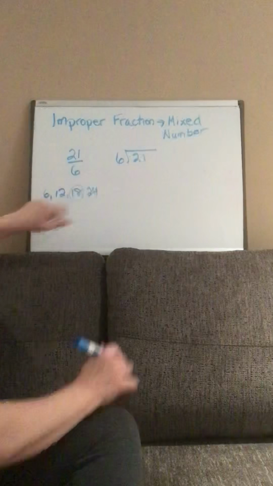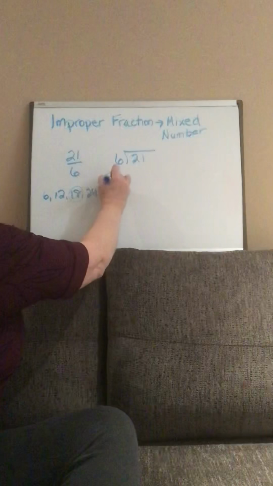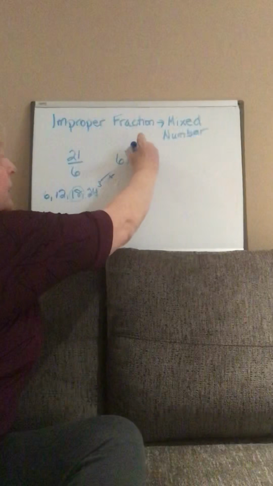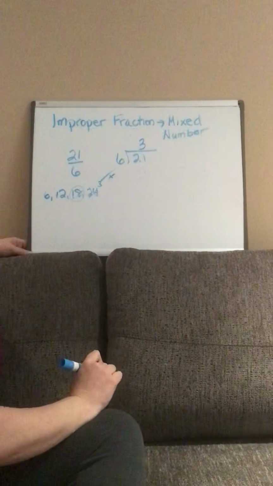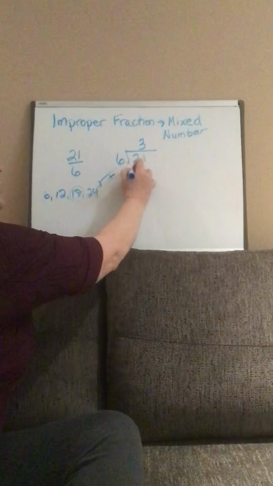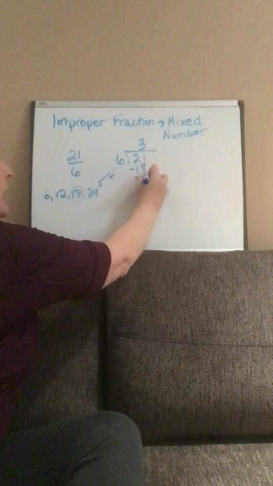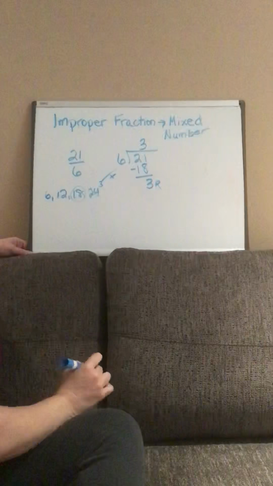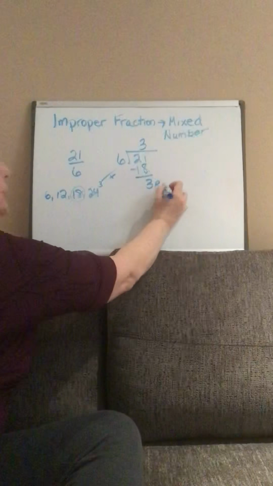So 6 times 3 gave me 18. I'm going to put that big 3 right here. 6 times 3 is 18, so I'm going to subtract 18, and I'm going to get a remainder of 3. This becomes our new numerator.